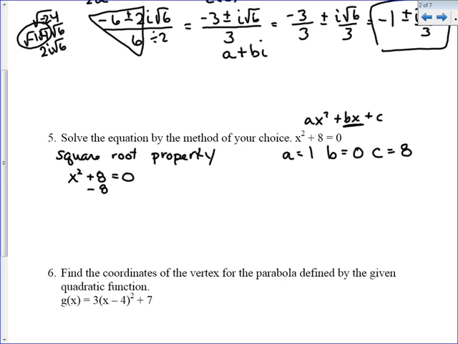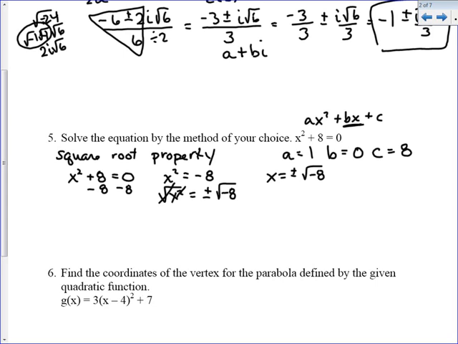What I would do is I would just subtract 8 from both sides. So I have x squared equals negative 8. And then to get rid of the squared, take the square root. Don't forget to throw in your plus or minus. So I just have x equals plus or minus the square root of negative 8. It's much quicker than the quadratic formula, but the quadratic formula will work. You'll get the same answer.